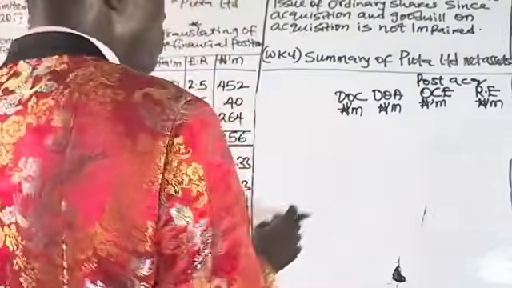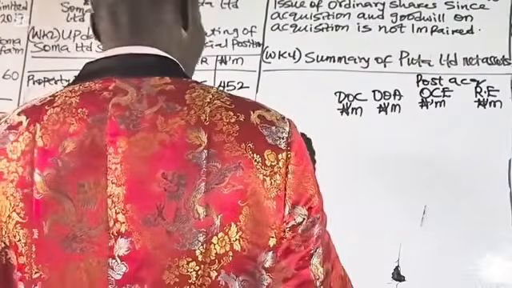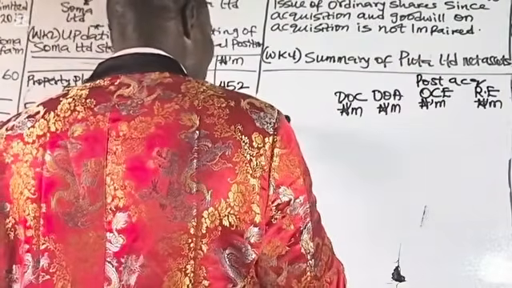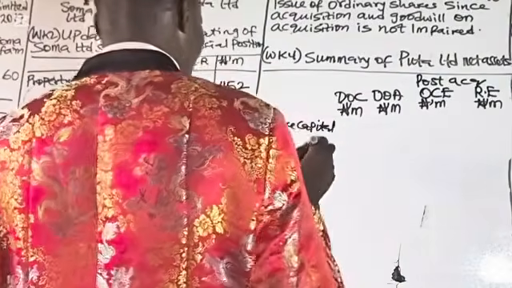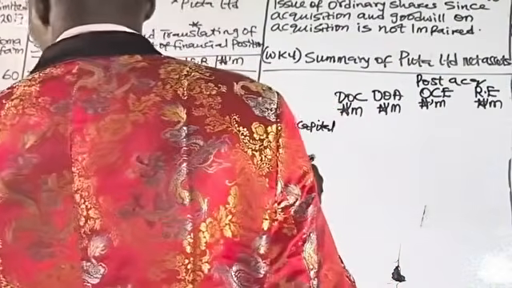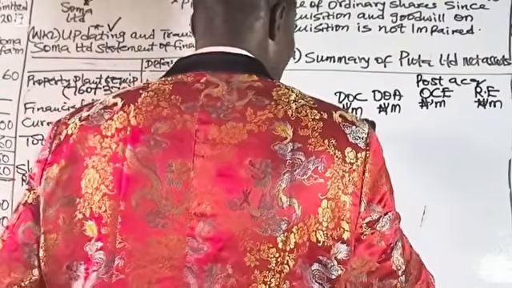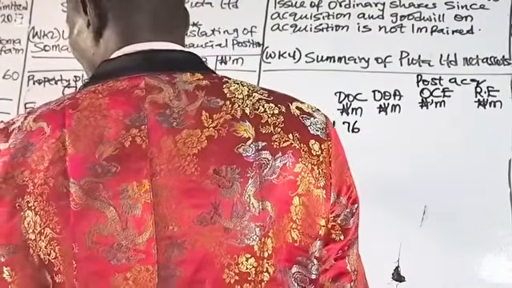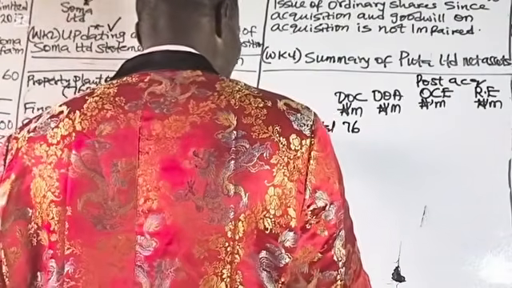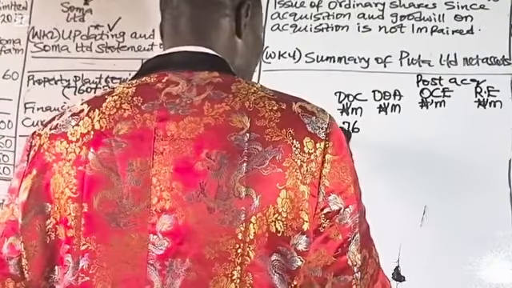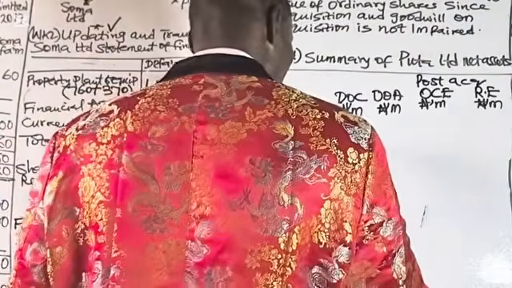So the equity component of Puta Limited includes share capital. If you go to the statement of financial position of Puta Limited, share capital of Puta Limited is 76 million. Then we also have retained earnings of Puta Limited, which is 112.